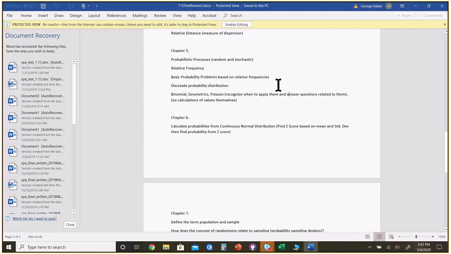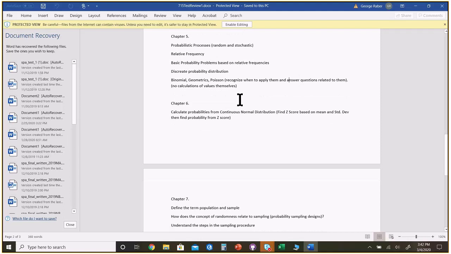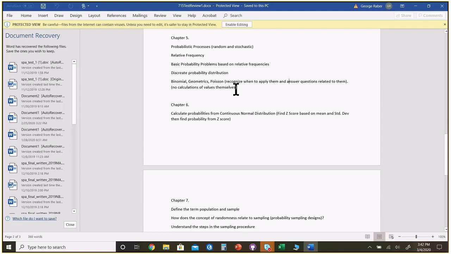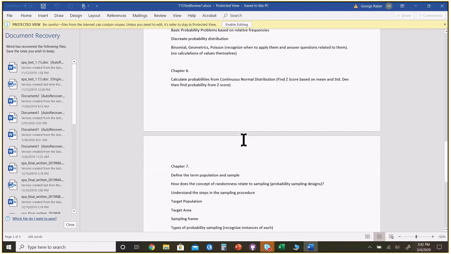So if I tell you this table represents the binomial distribution of this particular scenario, tell me the probability of this occurring. So no calculations. We're just focusing on interpretation on the test for this part.